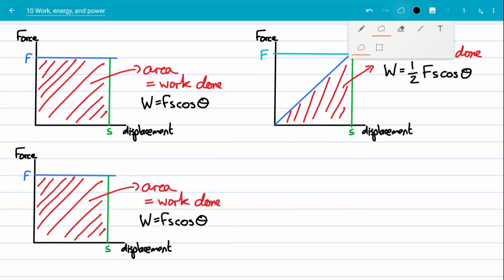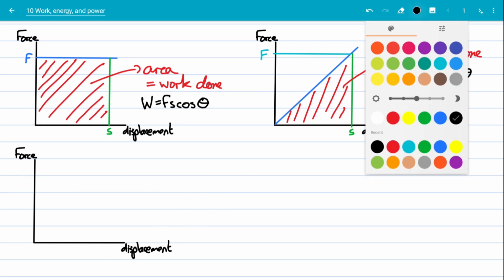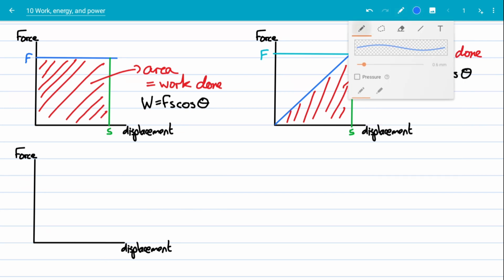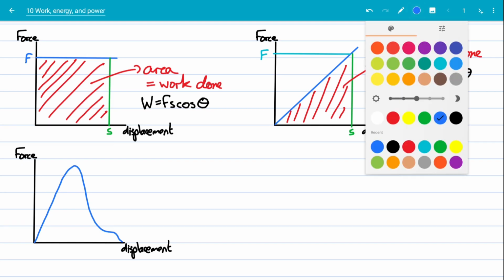We've done an experiment. We've got out our force measuring device, that data logger that measures forces. We're going to do an experiment to measure what the force is at some instant. Maybe we're doing the collision experiment from a few lessons ago. And we end up with something that looks like that. Something weird. A weird shape like that. We think, well, goodness me, what's the equation for that?